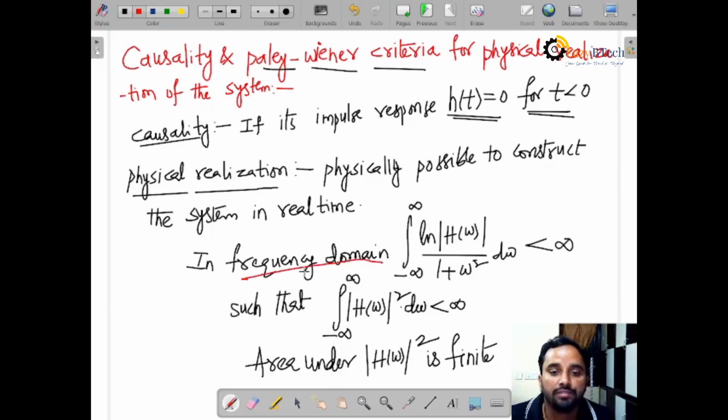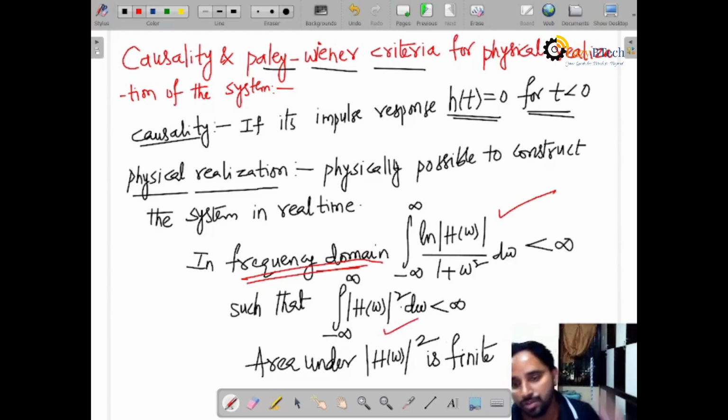These two are the Paley-Wiener criteria in frequency domain. In time domain, h of t is 0 for t less than 0. And physical realization means it is possible to design the system practically.